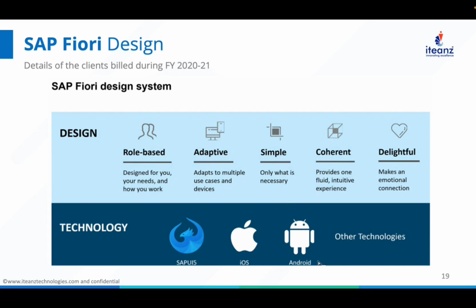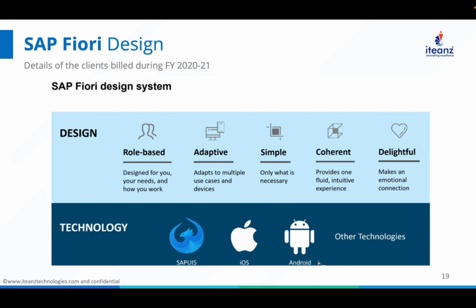Fiori is role-based, which means we have authorizations at the back end. We have sales order create authorization, financial posting authorization, purchase order create authorization. Similar to the roles and authorizations we have in the SAP ERP system, Fiori also has a role-based application design. There are different applications released by SAP.